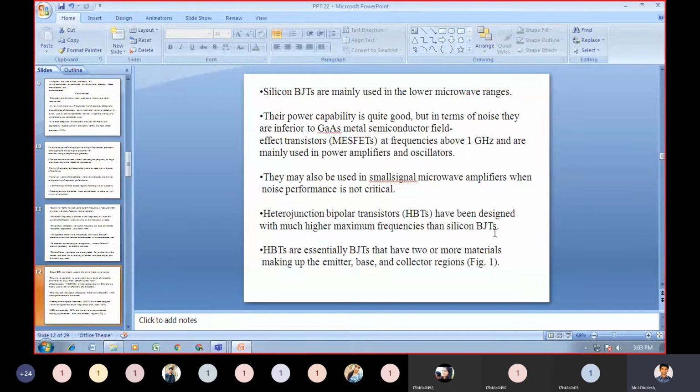The heterojunction bipolar transistors, HBTs, have been designed with much higher maximum frequency than silicon BJTs. Heterojunction bipolar transistors are essentially BJTs that have two or more materials making up the emitter, base, and collector regions.